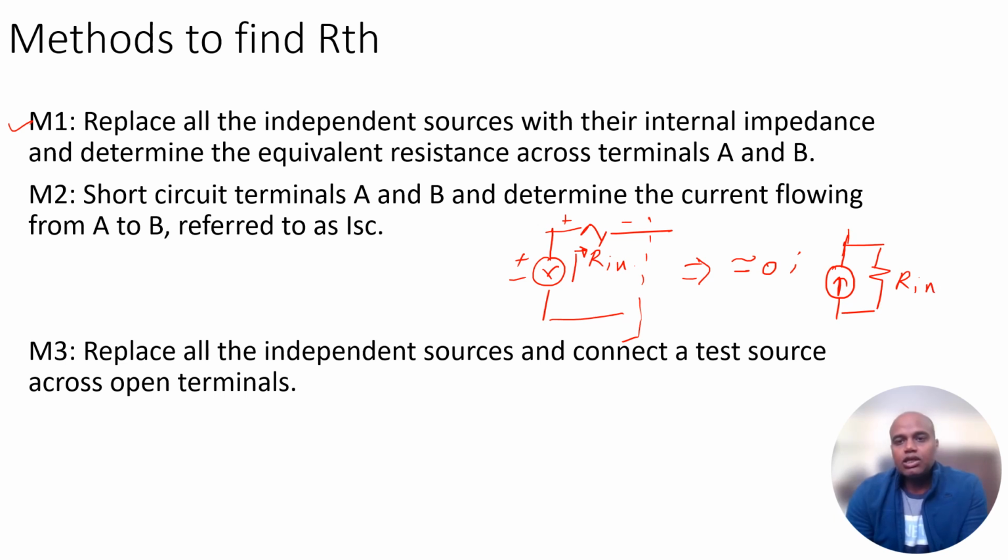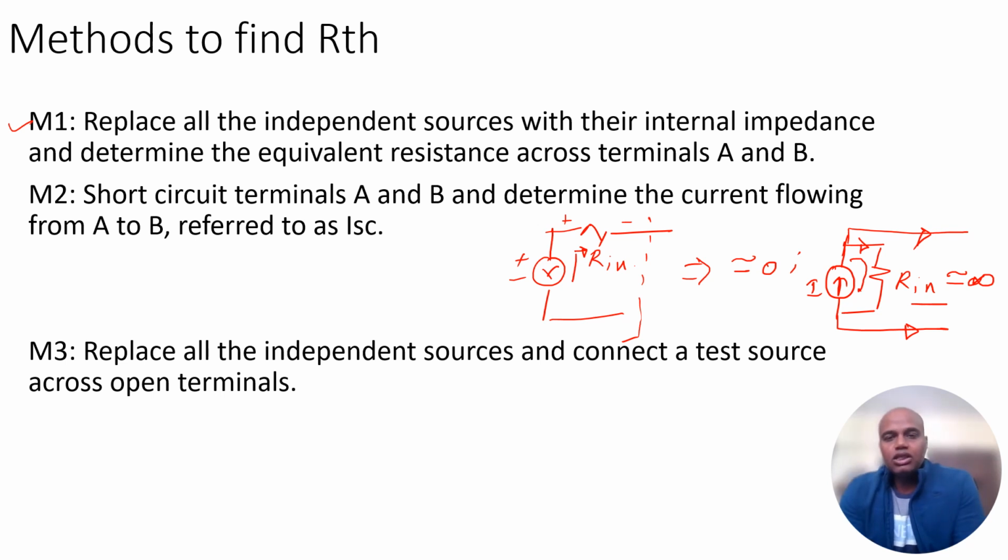Otherwise, if the internal resistance value of the current source is minimum, most of the current will flow within this loop, and we will not get any current for the outside or connected external circuit. So this internal resistance of the current source should be as high as possible, or ideally it should be infinite.